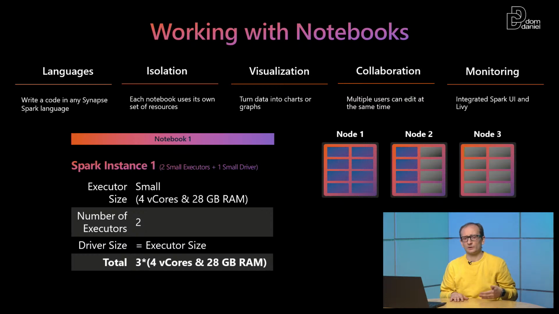So here we have 2 executors, and let's notice that the driver size is equal to our executor size. That means in total we have 3 times 4 virtual cores and 3 times 28 GB of RAM. And as you see on the right side of my slide, our 3 nodes allocate only 12 cores for the current job.